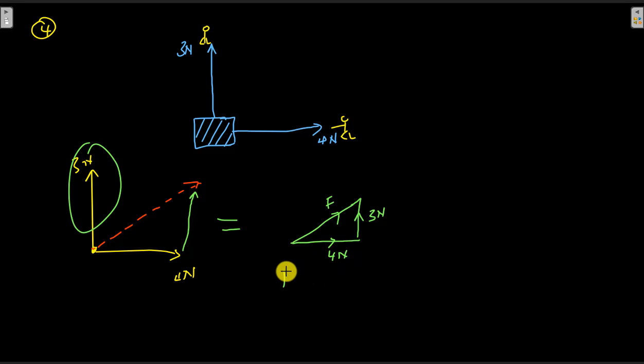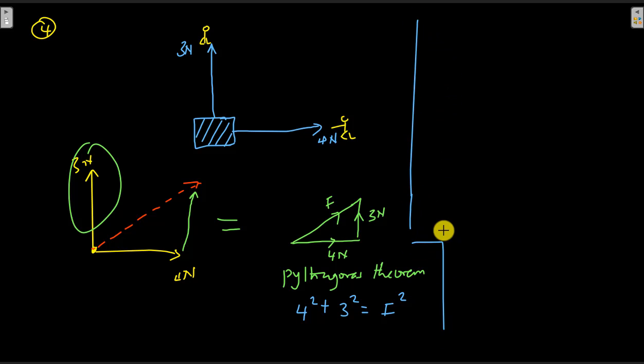And so by using Pythagoras theorem, we can actually find what the resultant force is here. This is going to be 4 squared plus 3 squared equals F squared. Okay, this is going to be 16 plus 9 equals F squared. 25 equals F squared. So F is going to be 5 newtons.